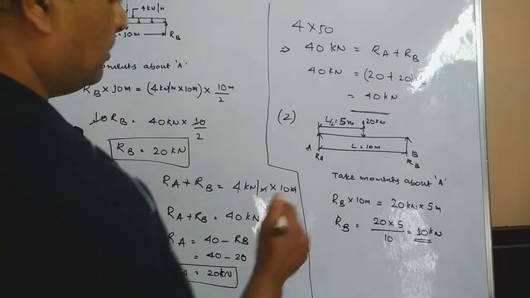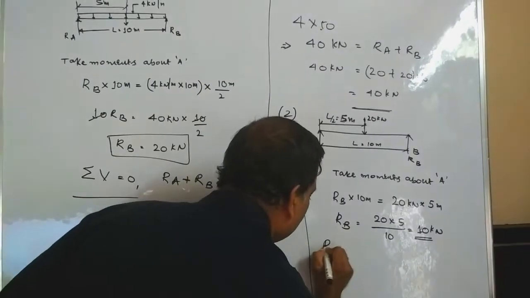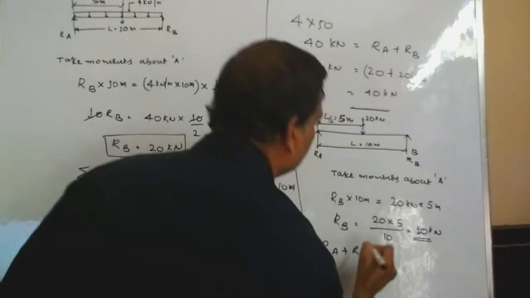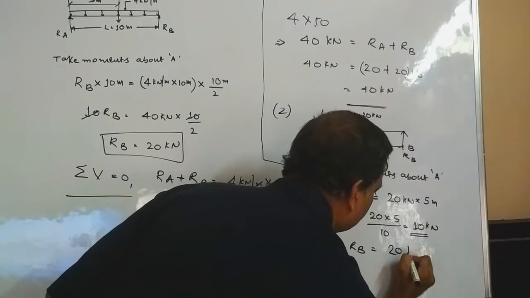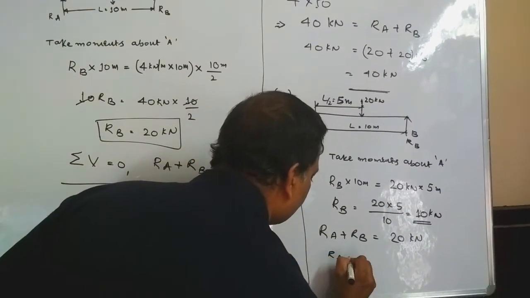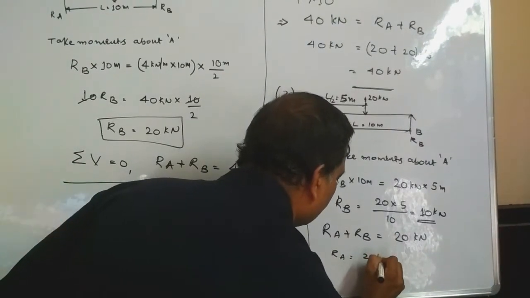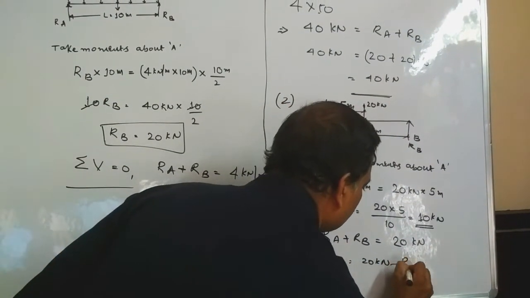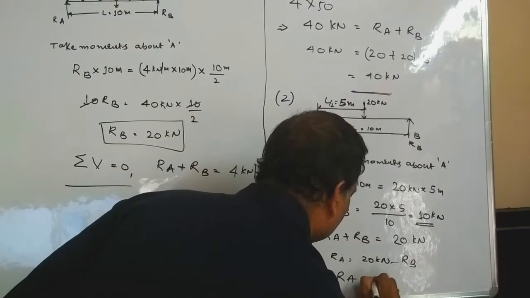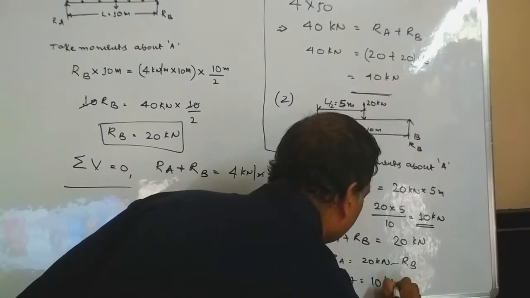The next step, for calculating RA: RA plus RB is equal to total downward acting load, which is 20 kN. Hence RA would be 20 minus RB. Hence RA also works out to be 10 kN.